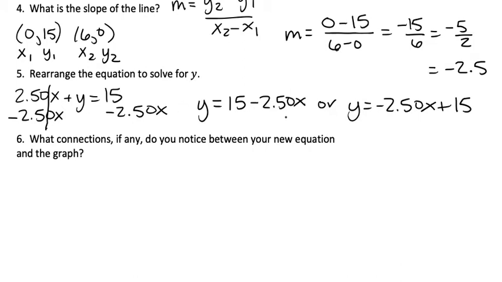Remember that when we're writing these equations, we're looking at the slope and y-intercept when we have y by itself on one side. So looking at this equation, what I notice is that the negative 2.5 is the slope and the 15 is the y-intercept.